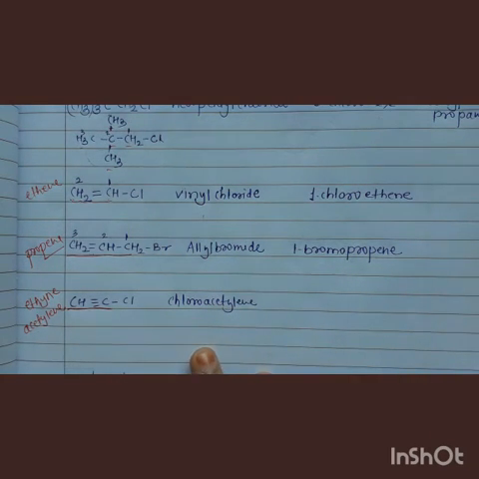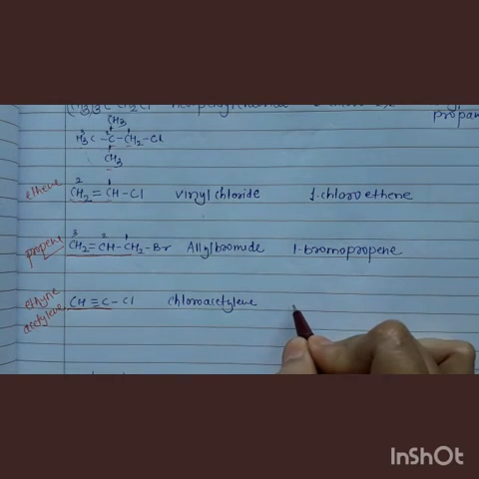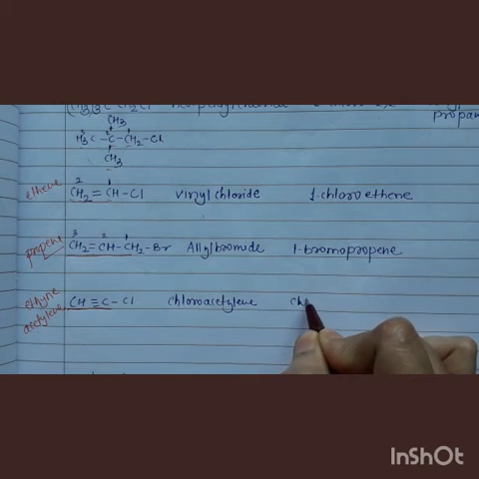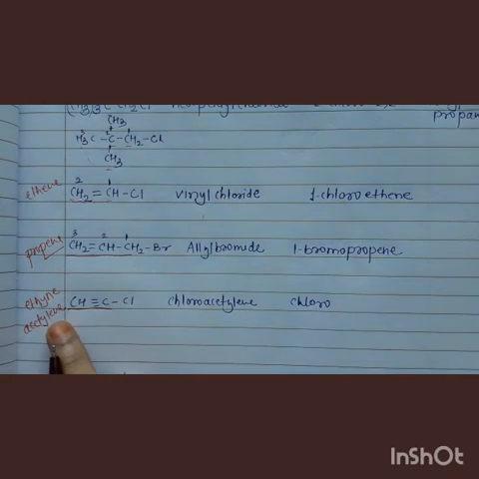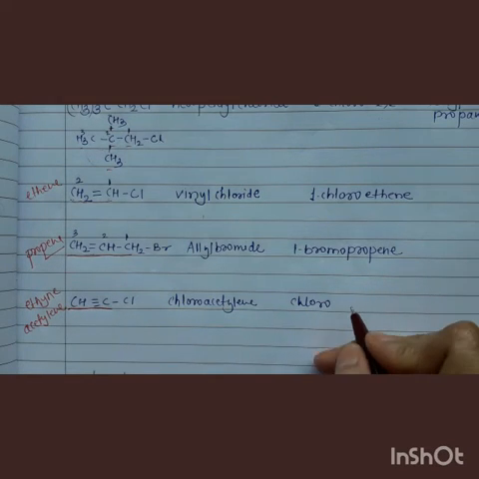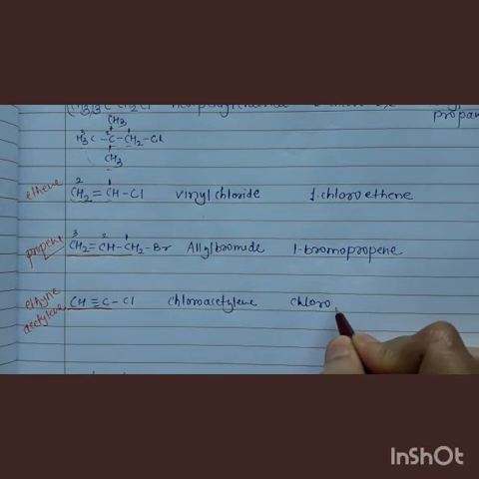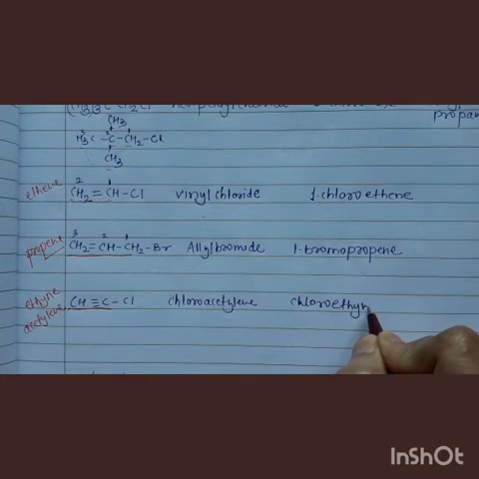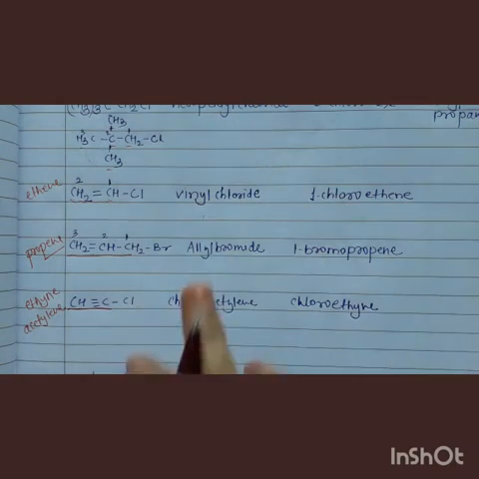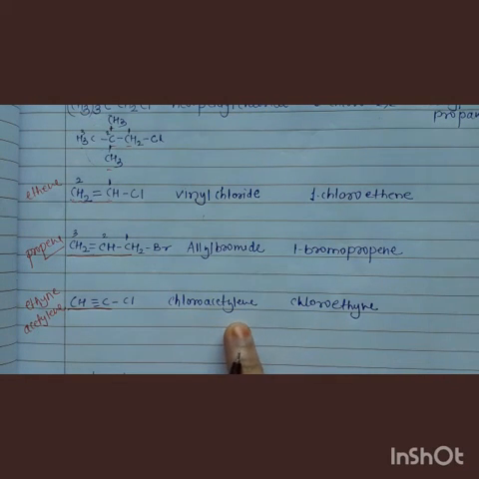For the IUPAC name, we start with the halogen. Halogen is chlorine, so it becomes chloro, and the parent is ethyne, so it remains ethyne. So it is chloroethyne. The common name is chloroacetylene and the IUPAC name is chloroethyne.